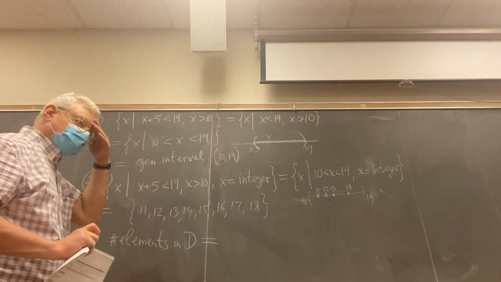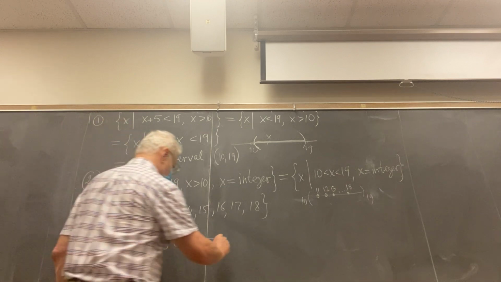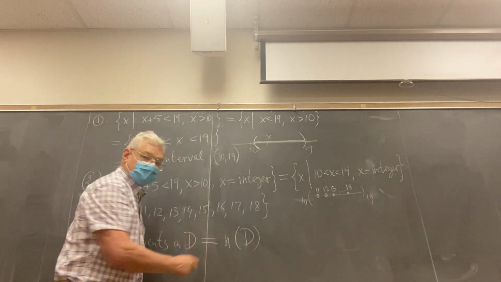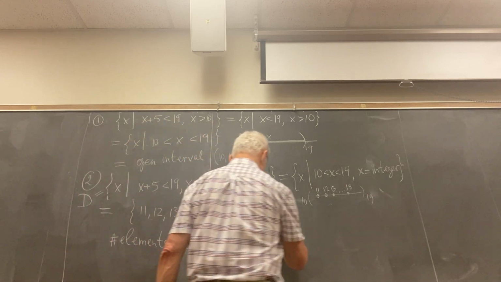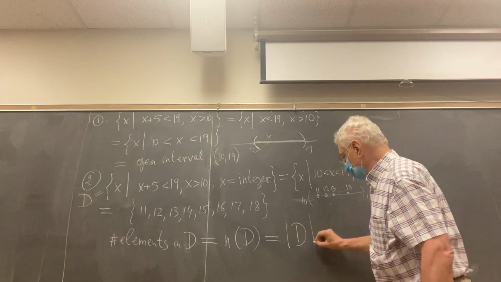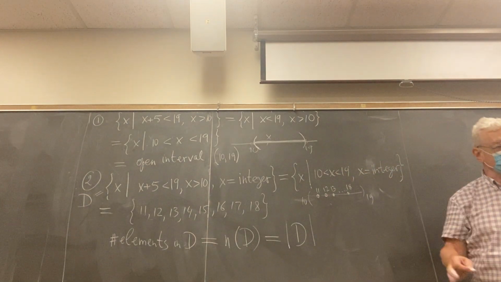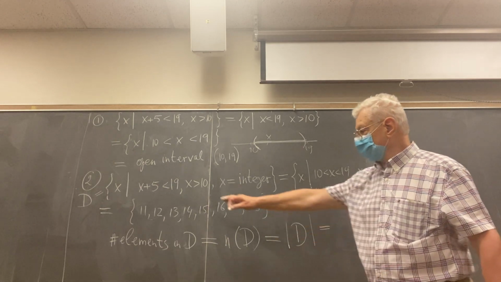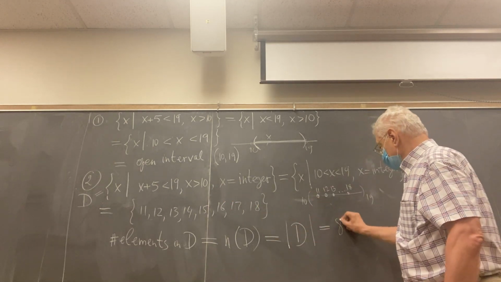One way is like in the book, it's n of D. Okay, it's clear, number of D. Another way is kind of absolute value of D, just vertical bars. How many elements? And what is the answer in this case? 8.